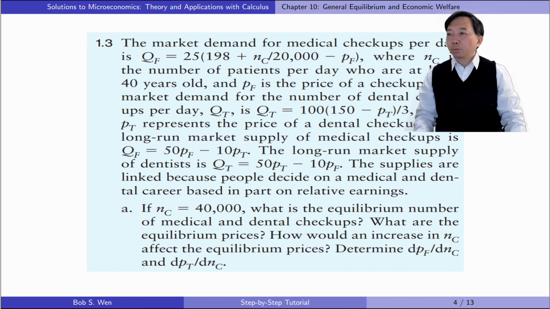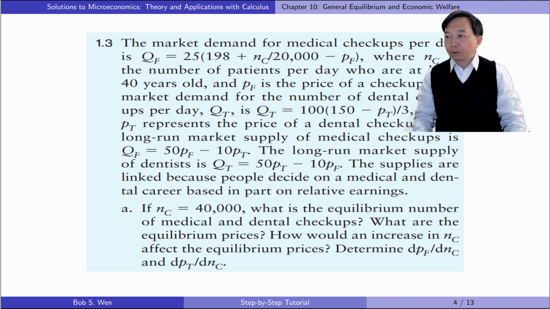Let's see exercise 1.3. The market demand for medical checkups per day is as follows, where NC is the number of patients per day who are at least 40 years old, and PF is the price of a checkup. The market demand for the number of dental checkups per day, QT, is as follows, where PT represents the price of a dental checkup.